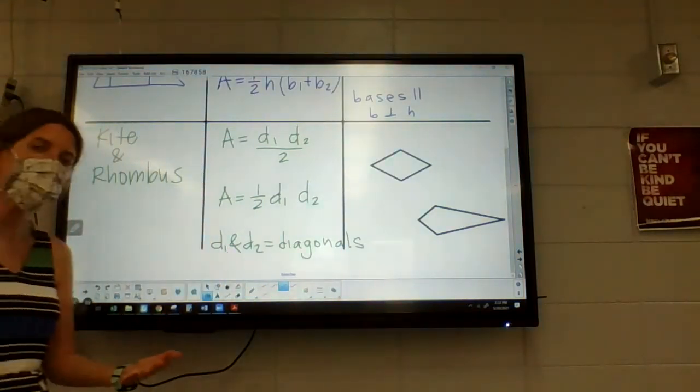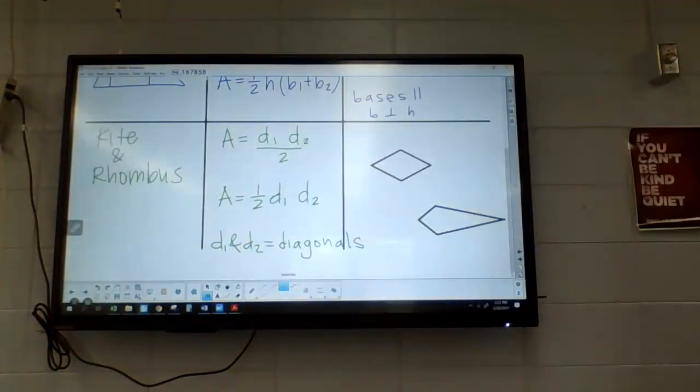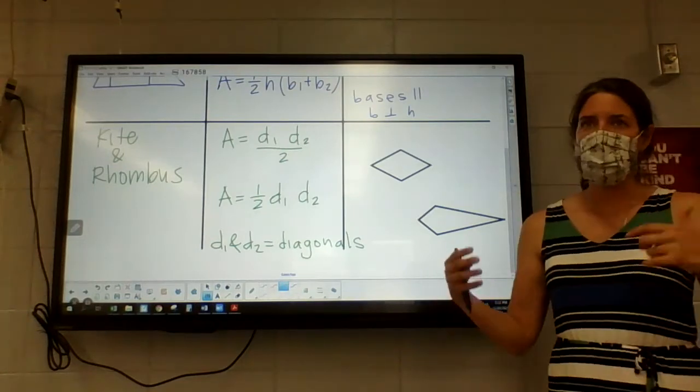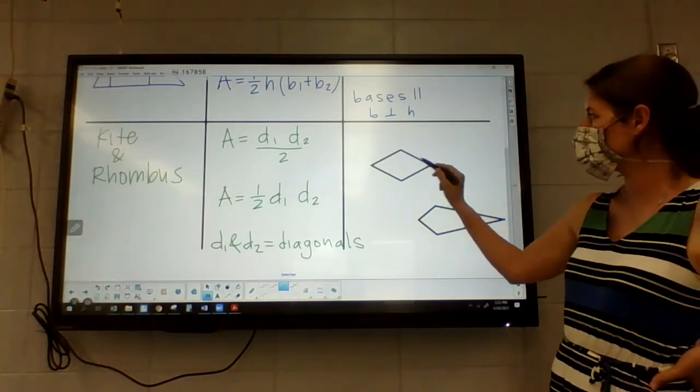So in the case of a rhombus, if you know the diagonals, you can use this formula. If you know the base and height, you want to use the other formula.